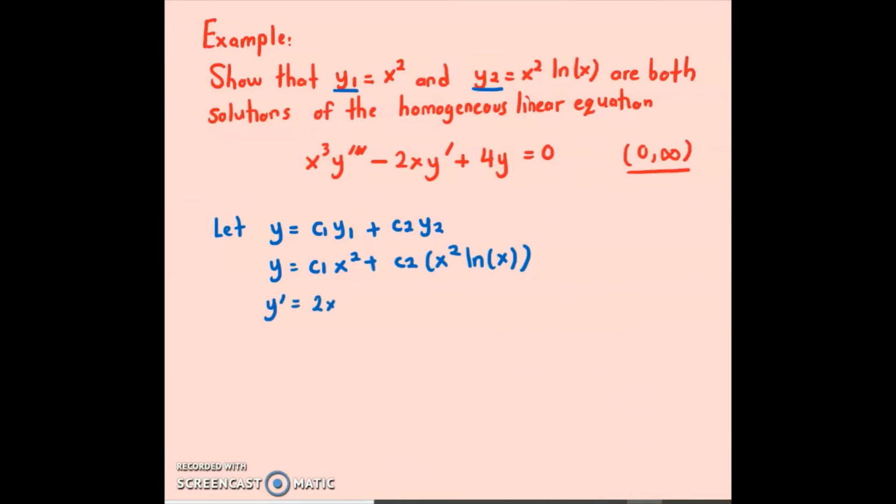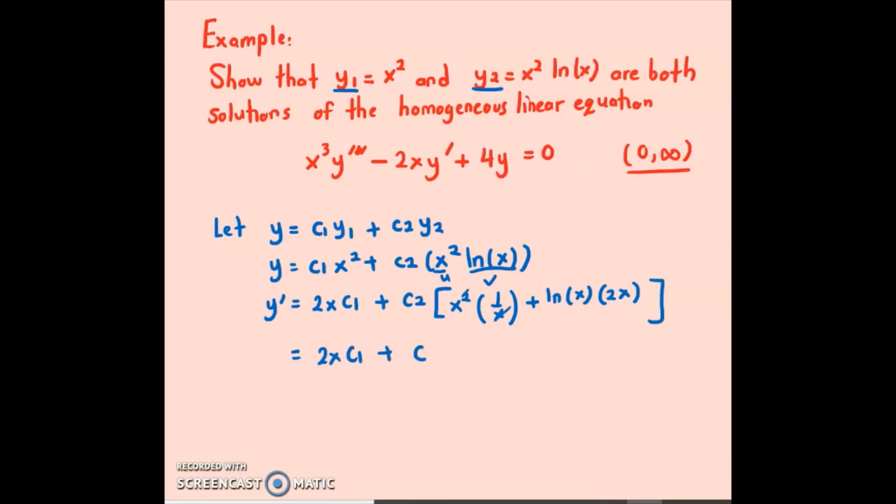Now I can differentiate with respect to x. I have 2x c1 plus c2, and I need to use the product rule here. This is u, this is v. So u dv/dx, where ln x gives 1 over x, plus v du/dx, which is 2x. Let's simplify: y prime equals 2x c1 plus c2 times (x plus 2x ln x), as one term cancels out.